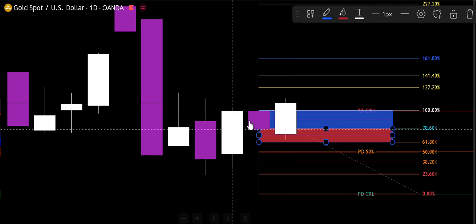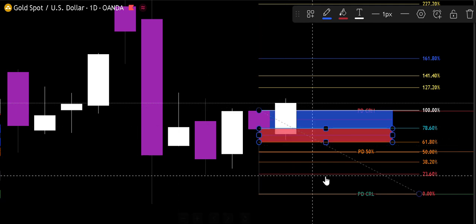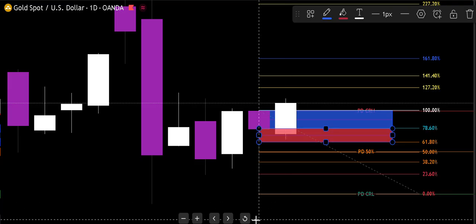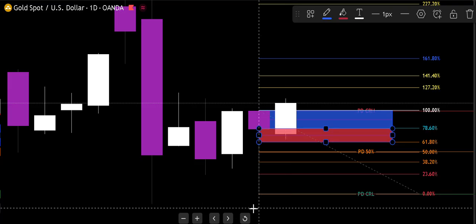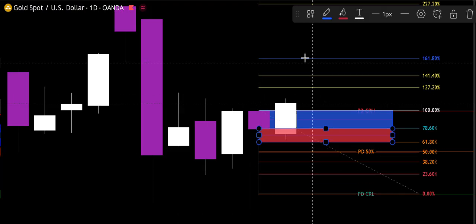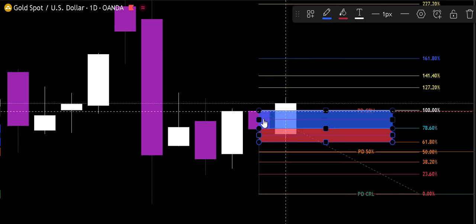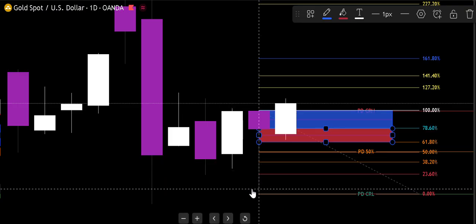After we get that area properly, we need to get the areas of liquidity. Remember guys, if you want to trade like a pro, make sure that you are with a liquidity zone. What is a liquidity zone? A liquidity zone is the area where the banker puts money but doesn't get caught on it.